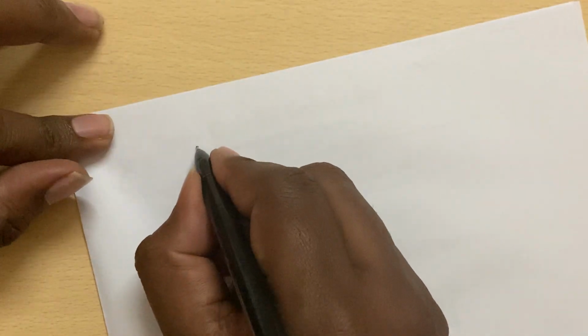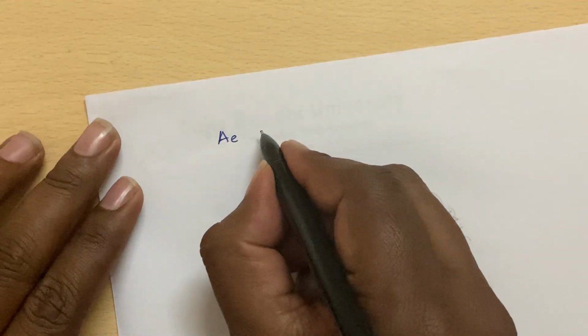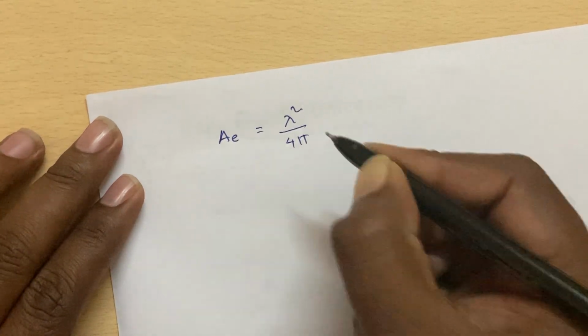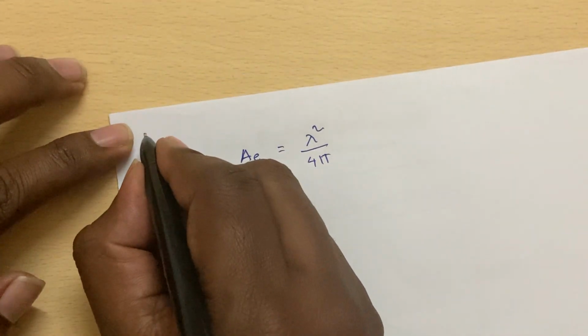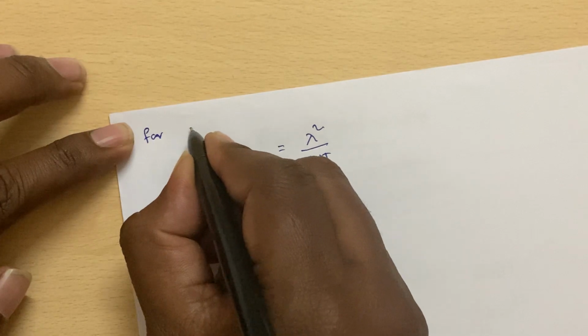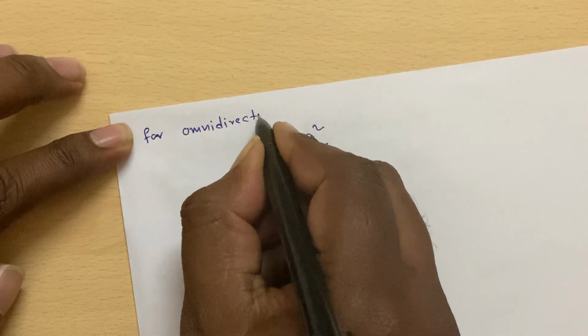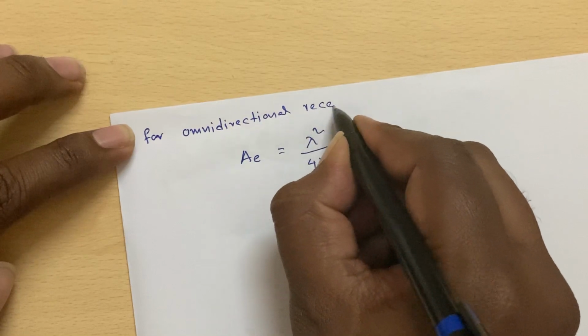In literature, the antenna aperture for an omnidirectional receiving antenna is given as lambda square by 4 pi.